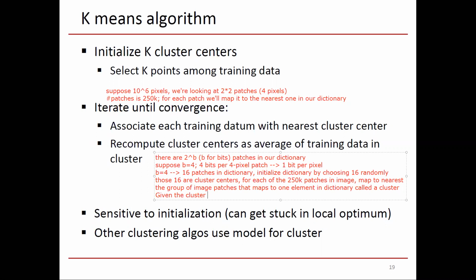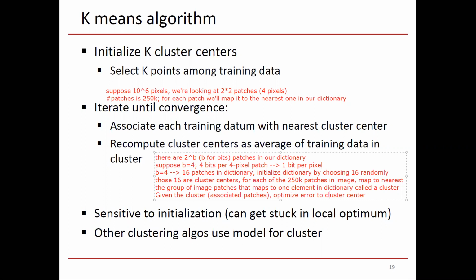So you're associating, and then you're re-optimizing the dictionary, the representation patch in the dictionary that corresponds to that cluster. So given the cluster, the associated patches, we optimize error to the cluster center.